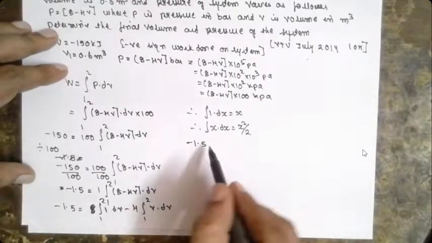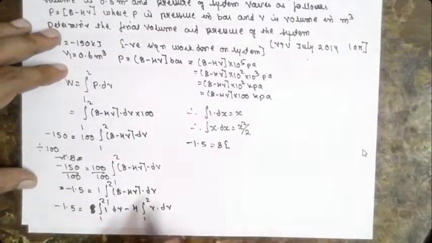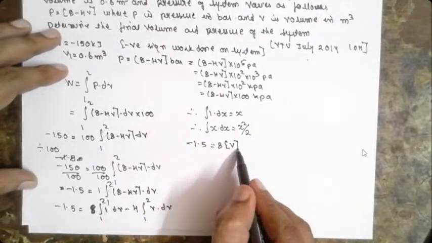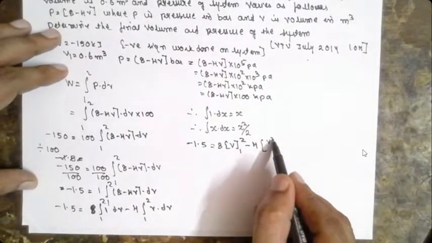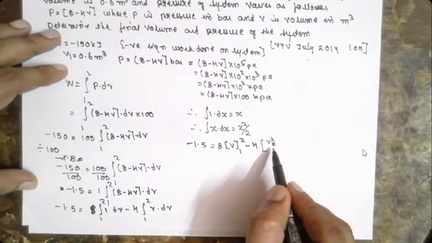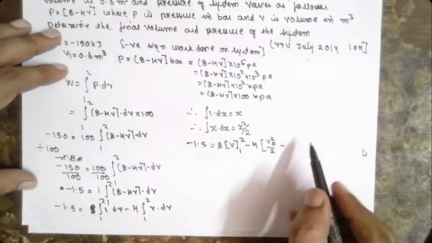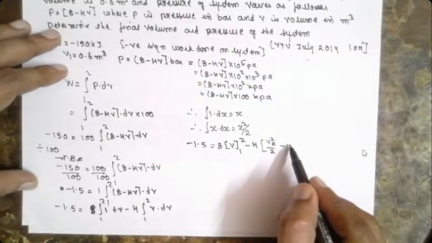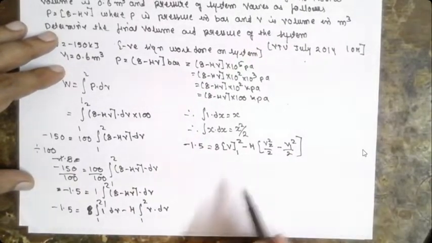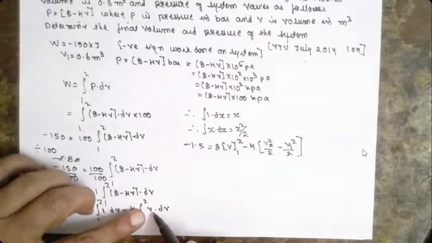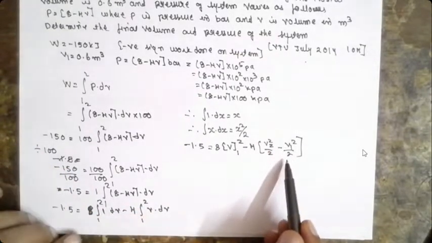Further it can be written as 8; here dv is there, so we write v from 1 to 2 minus 4 times v square by 2 from 1 to 2. That is, v2 square divided by 2 minus v1 square divided by 2.